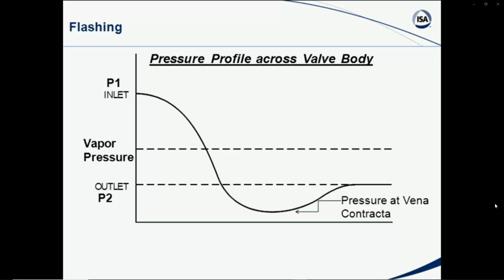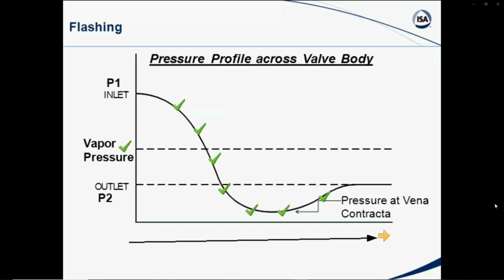Flashing is a situation of where what we're looking at here is a pressure profile across the valve moving from left to right. We're looking at a situation of the pressure through the control valve, and we're looking at the actual pressure that exists in the valve at any one time. And notice we start having our pressure drop just like we did through an orifice plate. In this case, we drop below a certain pressure called the vapor pressure. That is the pressure at a certain temperature.